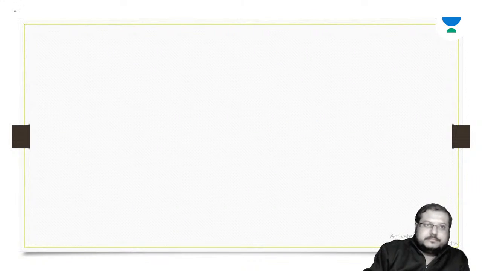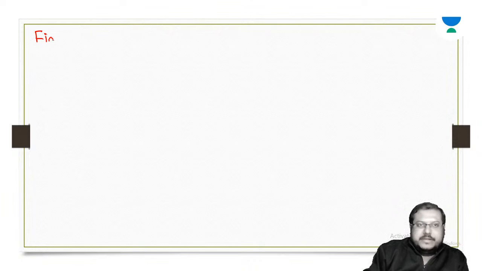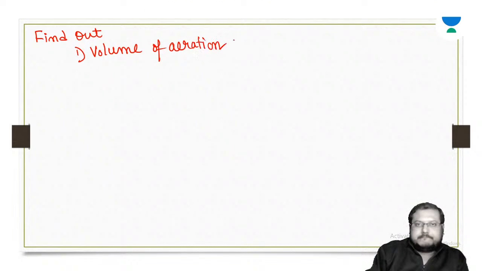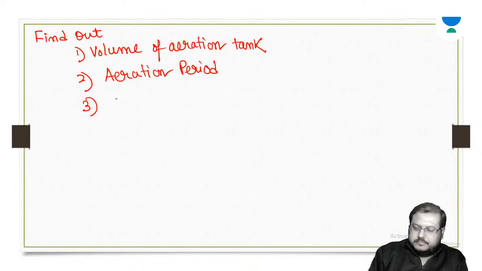Let me write down first everything under the sun for the activated sludge process to find out. First, volume of aeration tank. Second, aeration period. Third, BOD removal efficiency.